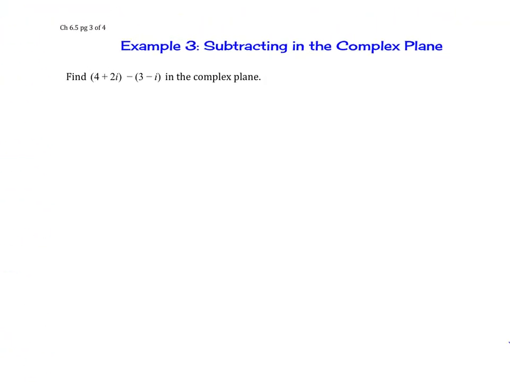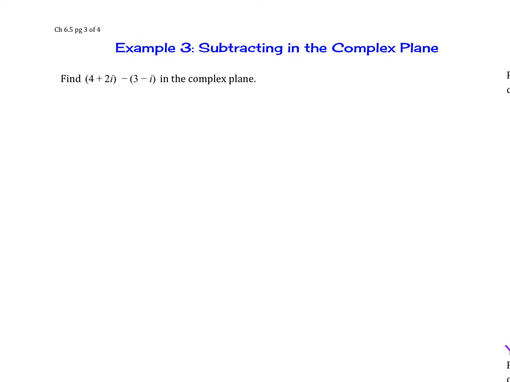So now let's subtract in the complex plane. Find (4 plus 2i) minus (3 minus i) in the complex plane. Again, it wants us to do it with the vectors, so we can write u equals (4, 2), and then v equals (3, -1).